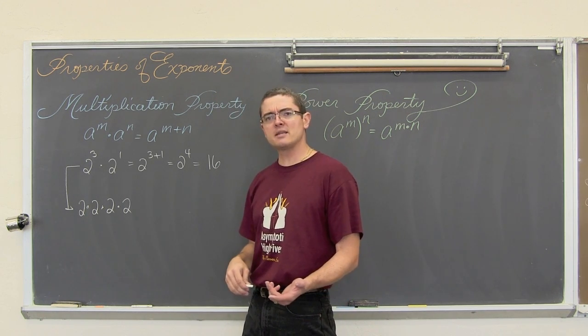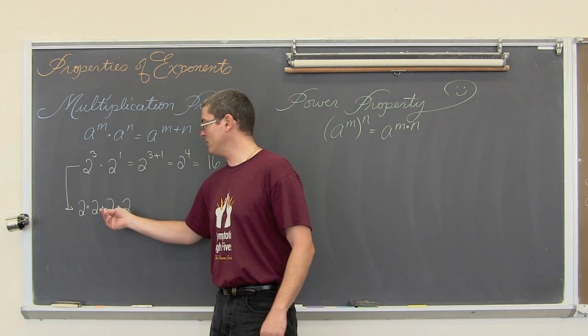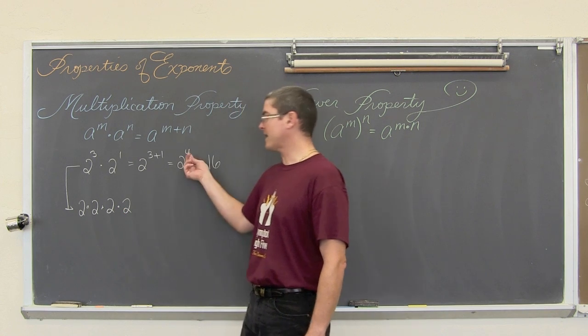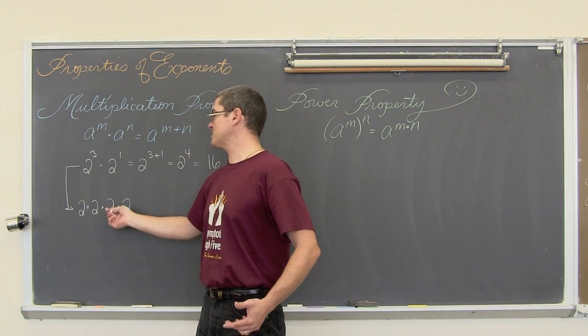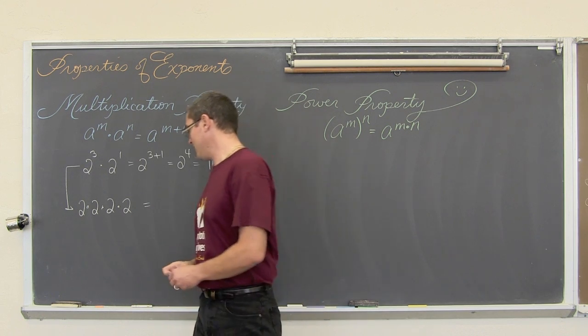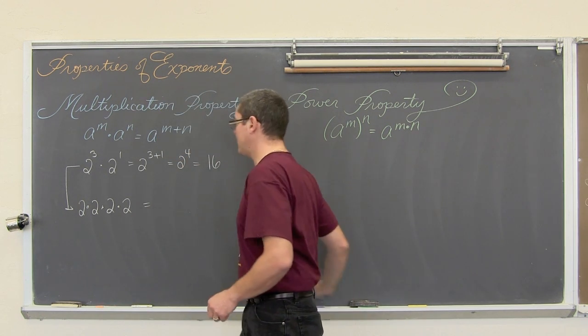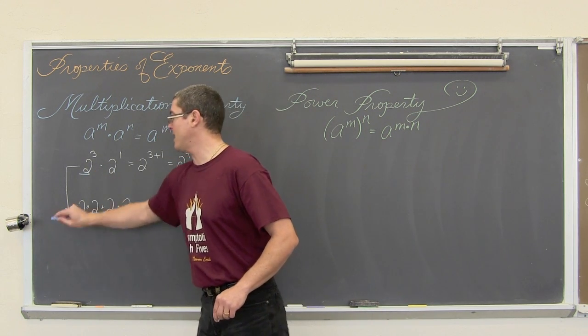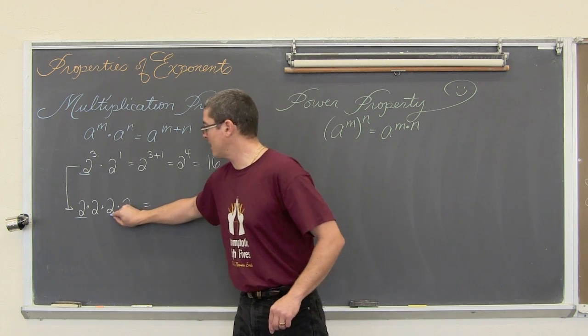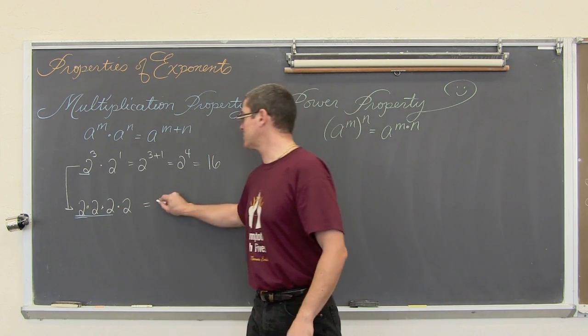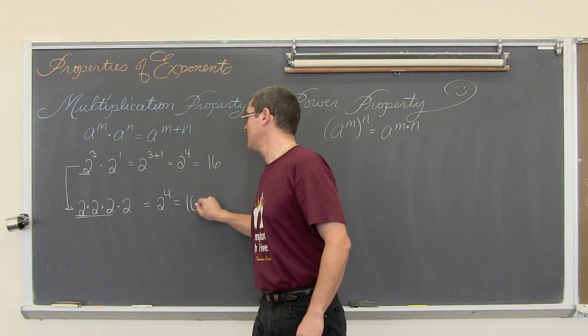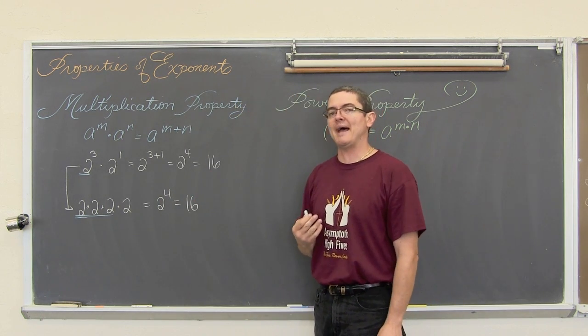How many times did I just write that base? 1, 2, 3, 4, like I had up here when I added the exponents. So 2 times 2 times 2 times 2, mainly what I'm doing here is just expanding out that first base with an exponent of 3. And we got 2 to the third is equal to 2 times 2 times 2. Well, that's equal to 2 to the fourth, which is, again, 16, like the rule said that we would have.